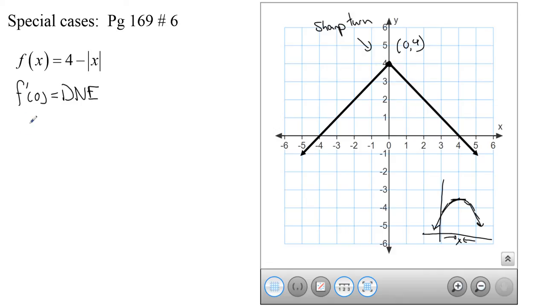Now, we have the quotient function, and we're going to take the limit basically from the left-hand and the right-hand side and show that the limits are different, and therefore the derivative can't exist. And so the limit as x goes to 0 is going to be f of x.